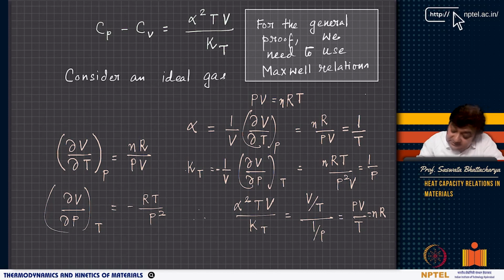And then you get nRT is PV, PV by P square V is 1 by P. So if you substitute all of these, alpha square T V by kappa T is nothing but PV by T, because nR by PV is 1 by T. There is a T and V, and alpha square gives 1 by T square, so V by T times P, which is PV by T, which is nothing but equal to nR.